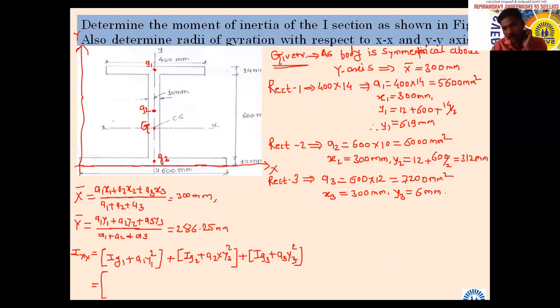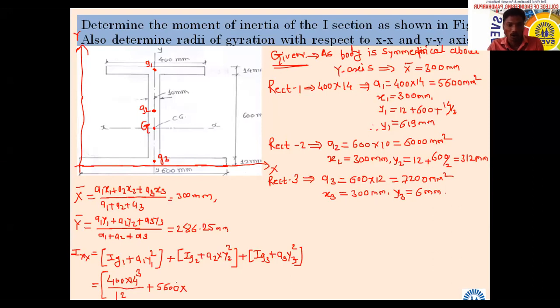Which dimension is going to cut for rectangle 1, 400 or 14? 14, so we have to take the cube of 14. 400 into 14 cube divided by 12, plus the area of rectangle 1, which we have calculated already, 5,600, into the difference between the individual centroid and the combined centroid.